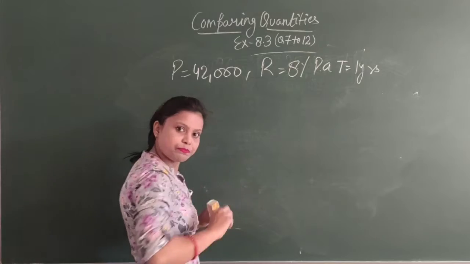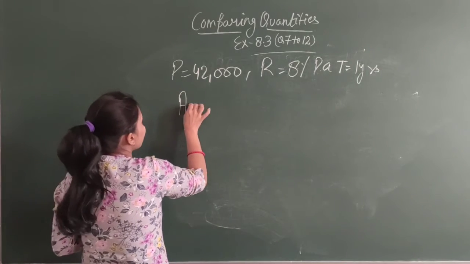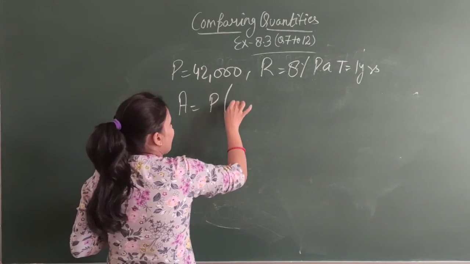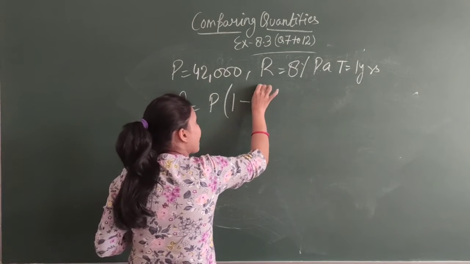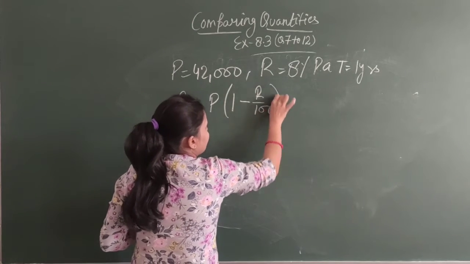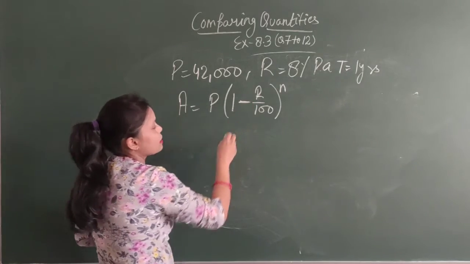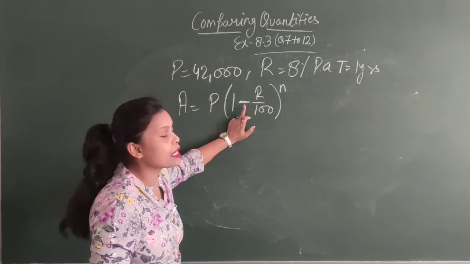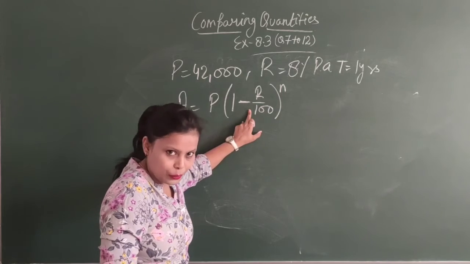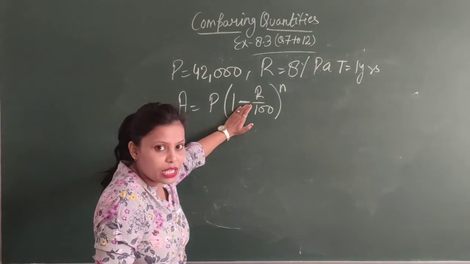Right? The formula will become P into 1 minus r upon 100 to the power n. Why minus? Minus is for the depreciation.